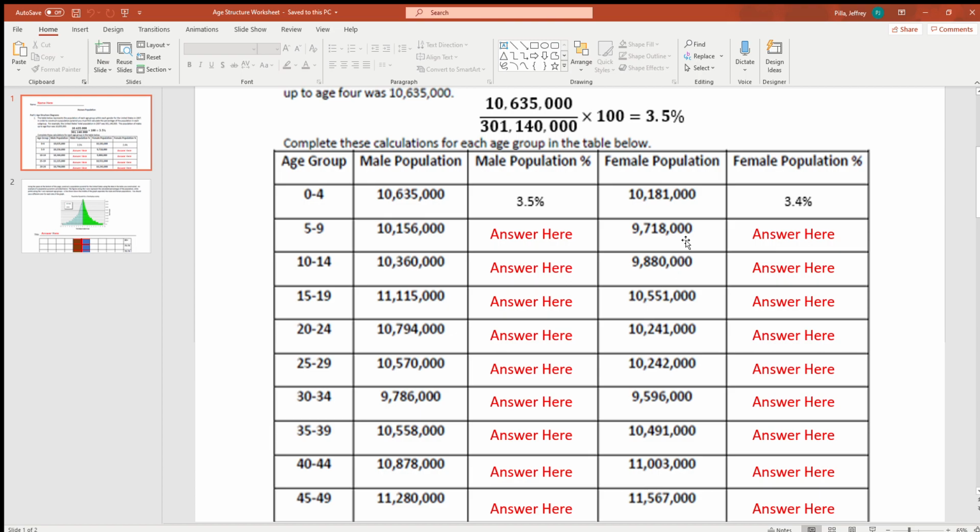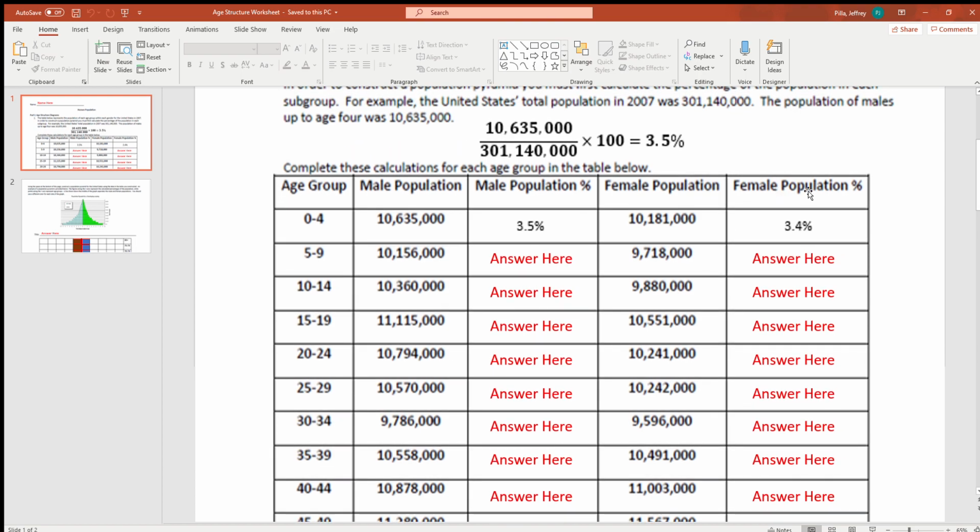The final column we have here is the female population percentage, and it works the same way that the male population percentage worked. You're going to take the population size of that age group for females, divide it by 301,140,000 because that's the total population size, and then multiply it by 100 to get a percentage.